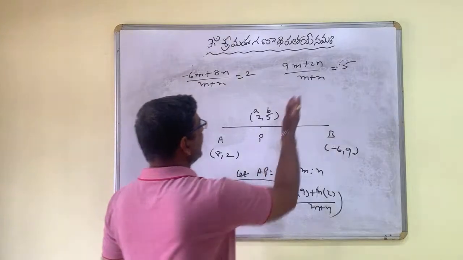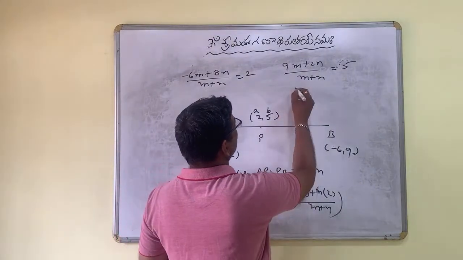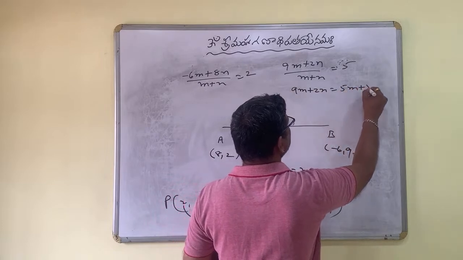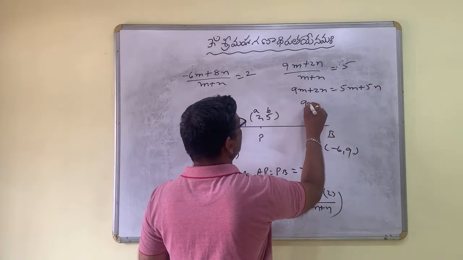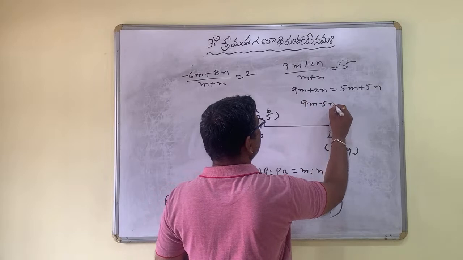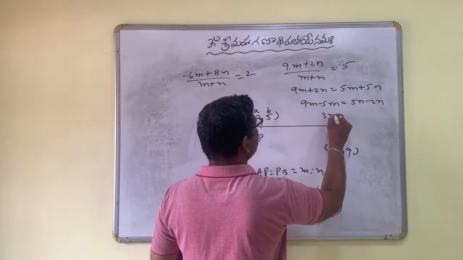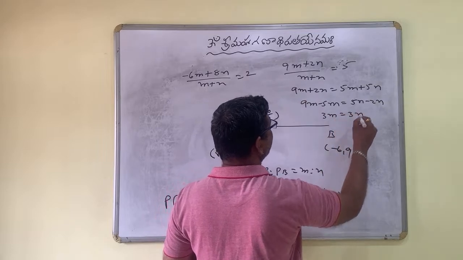Now how to simplify? I want to simplify this one. 9m plus 2n is equal to 5m plus 5n. 9m minus 5m is equal to 5n minus 2n. 4m is equal to 3n.